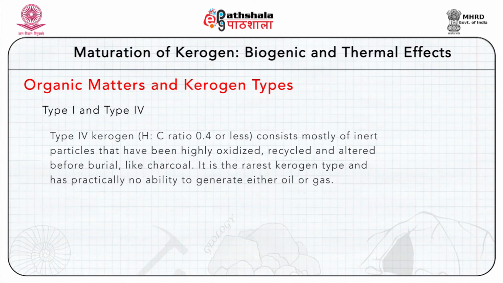Type 4 kerogen, where the hydrogen to carbon ratio is 0.4 or less, consists mostly of inert particles that have already been highly oxidized, recycled and altered before burial, like charcoal. It is the rarest kerogen type and has practically no ability to yield any kind of hydrocarbon such as oil or gas.